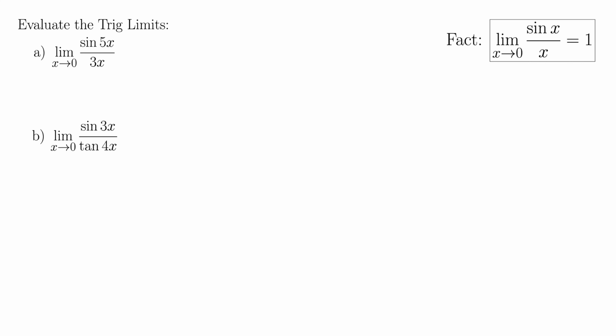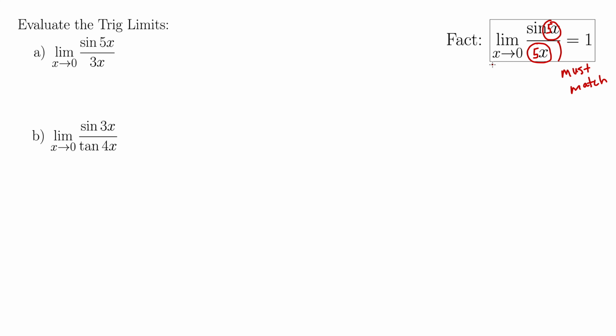And the thing is, this would still hold if this was, say, the limit as x goes to 0 of sine 5x over 5x. As long as these things match, the thing inside the sine and the thing in the denominator, so I'm going to say they must match, the identity still holds.